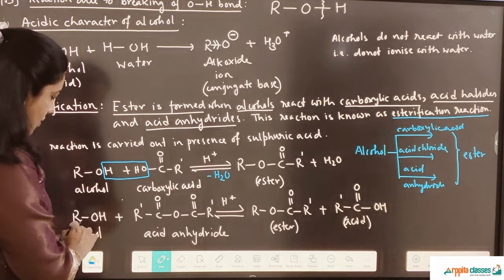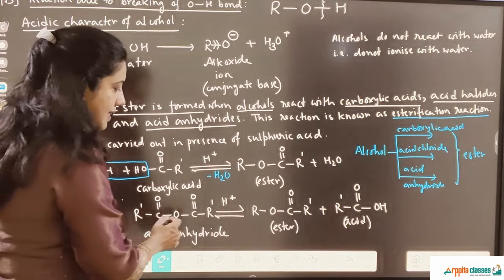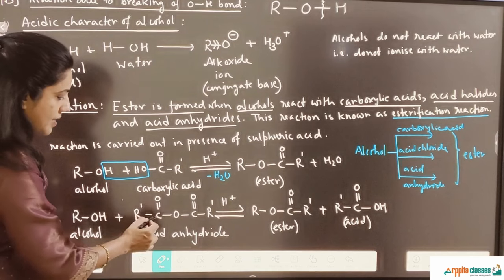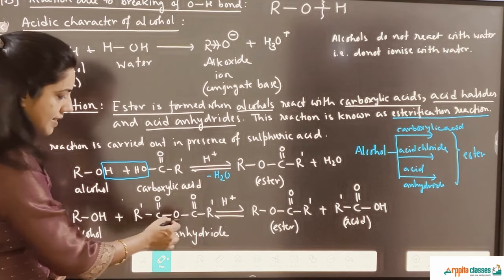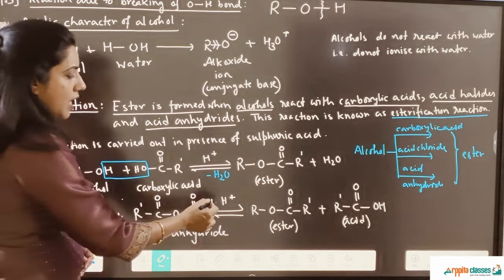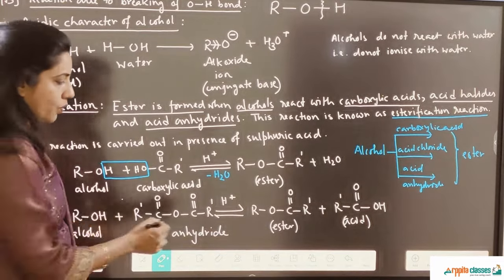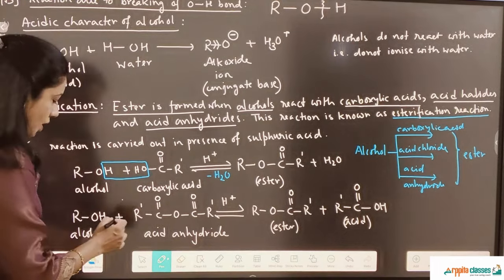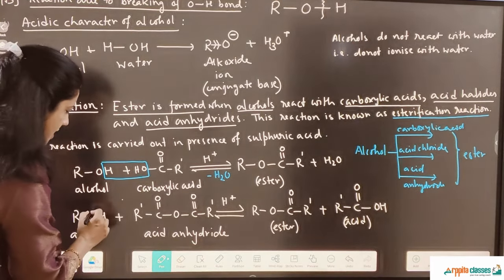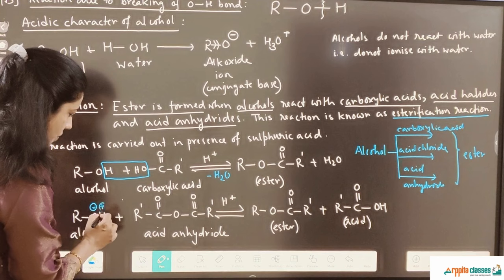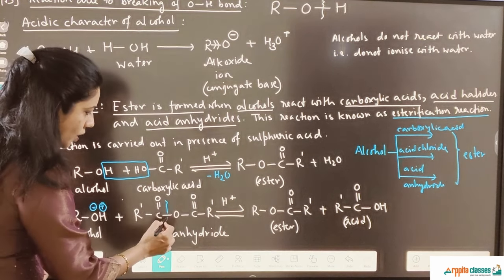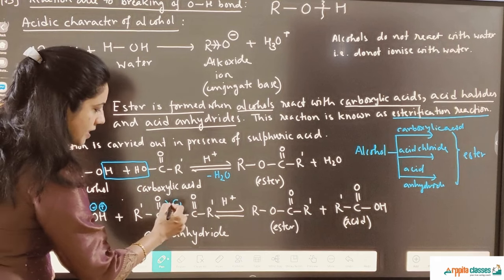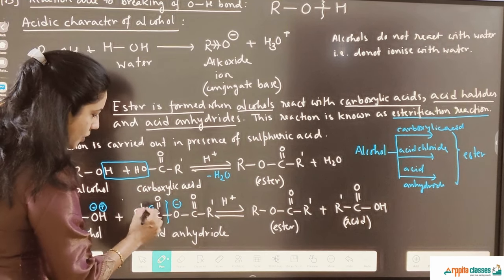Now the second reaction: alcohol and acid anhydride, R-COOCOR', this is the acid anhydride. The reaction occurs in the presence of sulfuric acid, so we are putting H plus over here. What is happening again: this is, suppose, minus and this is, suppose, plus. Now break this bond. If you break this bond, this oxygen gets a minus charge and this carbon gets a positive charge.